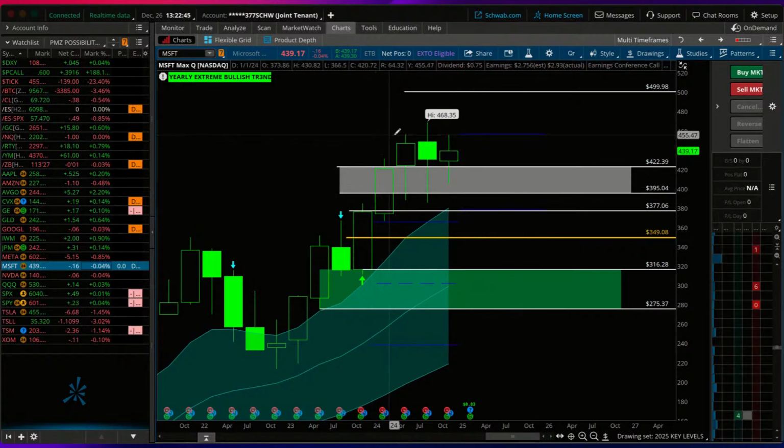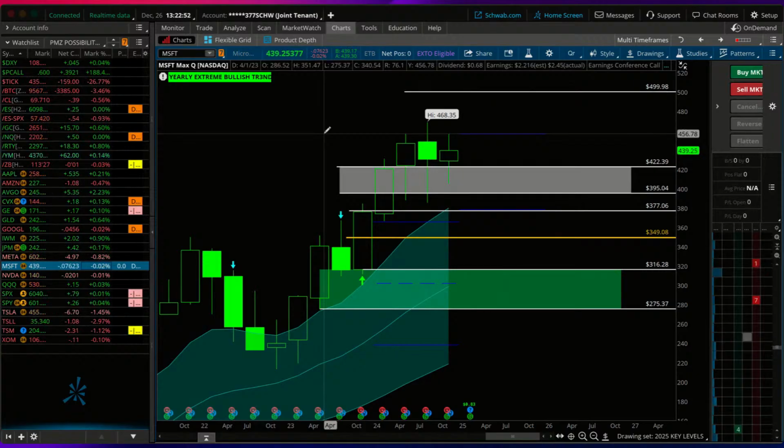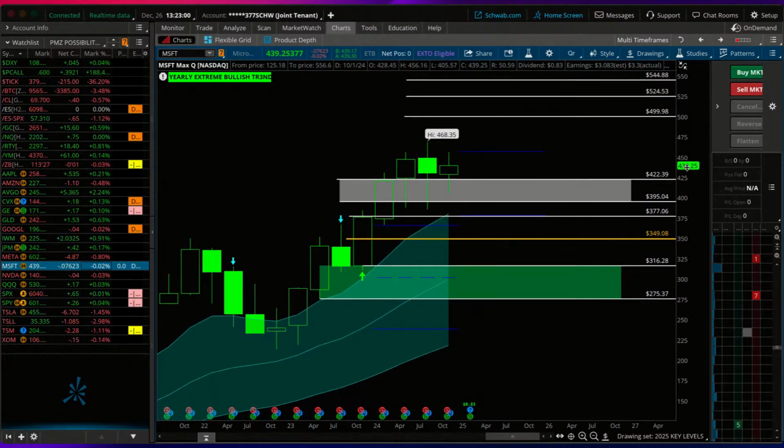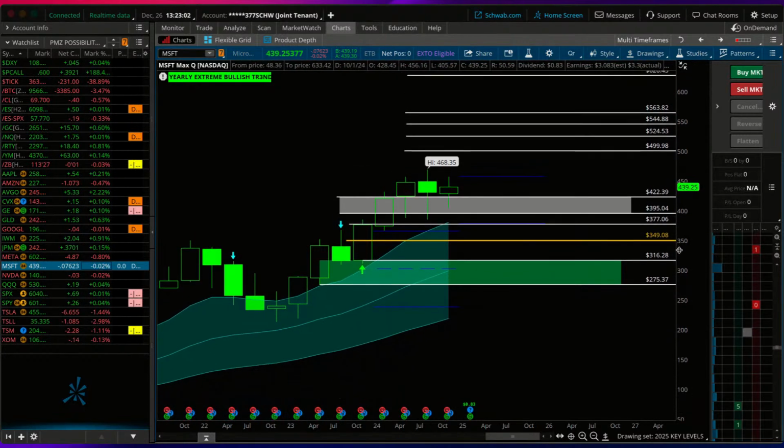Above here, you have the upper yearly edge for 2025. That is at about 457. And above there, the all-time high of 468.35. In the event Microsoft doesn't act like Mr.